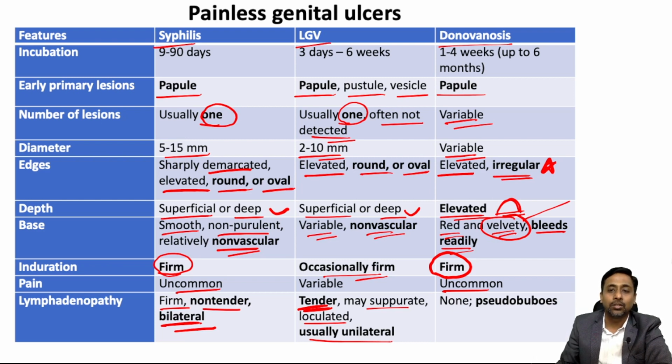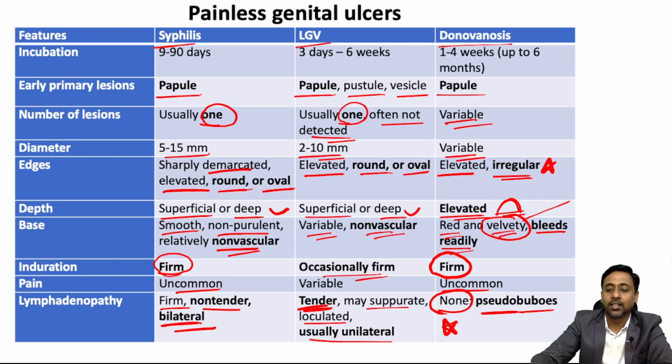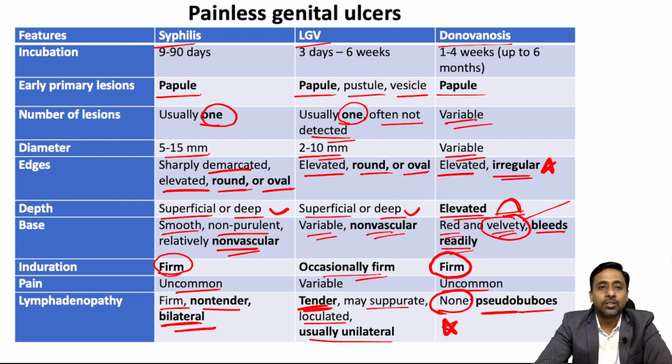However, in case of donovanosis, lymphadenopathy is absent, and what we can see is pseudobubo. I will describe what a pseudobubo is in the later part of the video. Okay. So these are the differences between the various painful and painless genital ulcers.